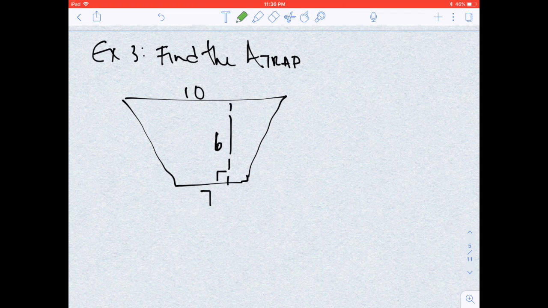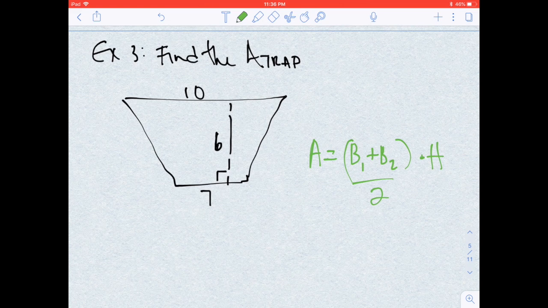Okay, so then it says find the area of this trapezoid. So I'm just writing area of trapezoid, I'm abbreviating here. I'm going to use that awesome equation that I just found, which is area equals base 1 plus base 2 divided by 2 times my height.